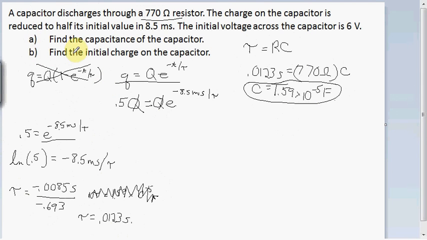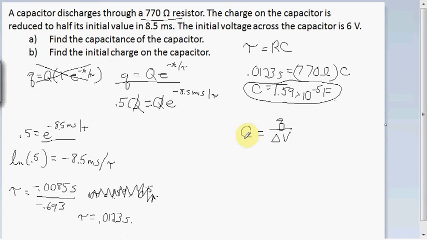Part B, we wanted to find the initial charge on the capacitor. What we know is the original voltage on the capacitor. And charge and voltage, remember, are related by our definition of capacitance. The capacitance of a capacitor is defined as the amount of charge on the capacitor divided by the voltage across the capacitor.